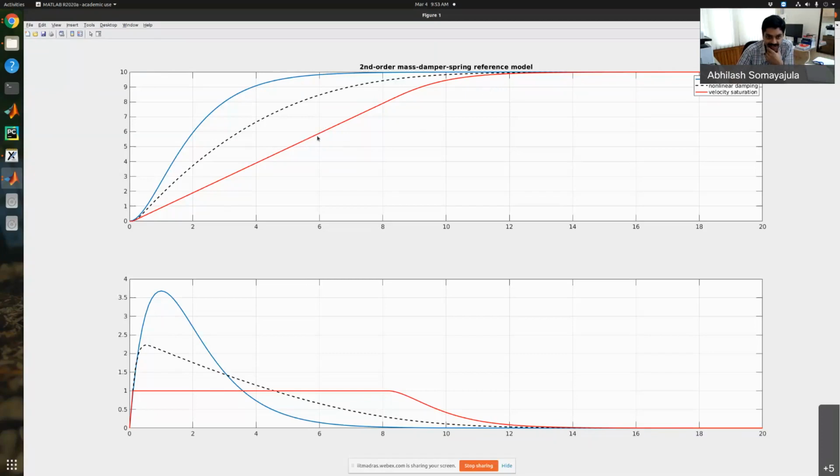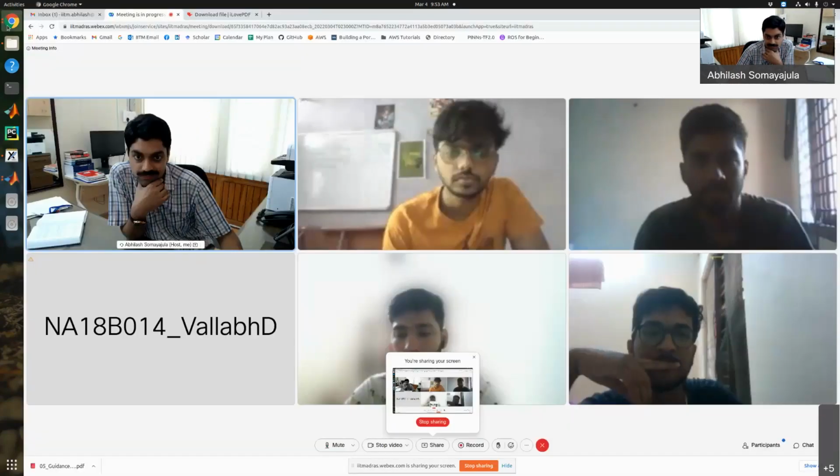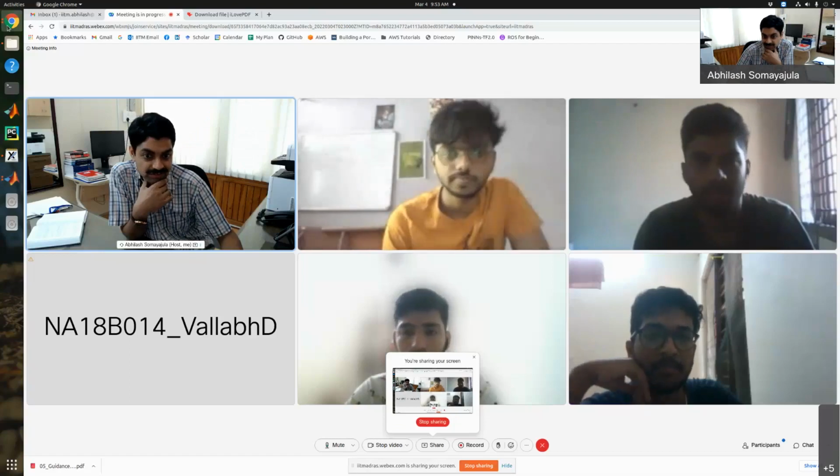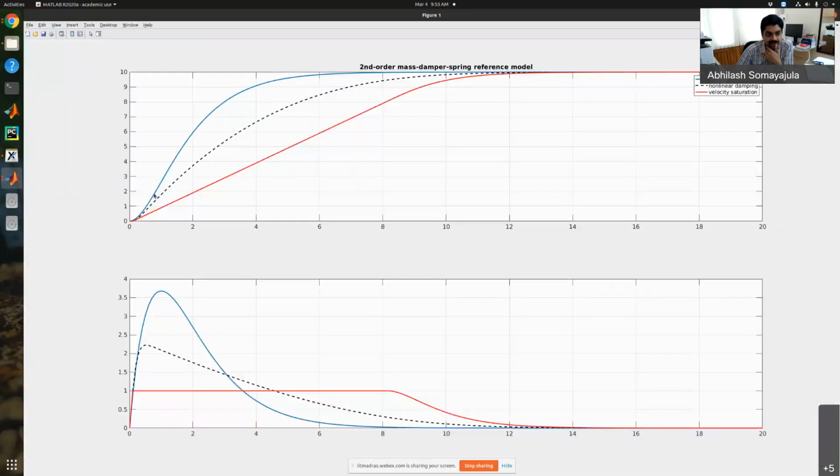In fact, with the saturation model, you'll see a straight line in the position, because the velocity is constant, so the displacement should increase linearly with time. Is that making sense? Yes? Okay, good.